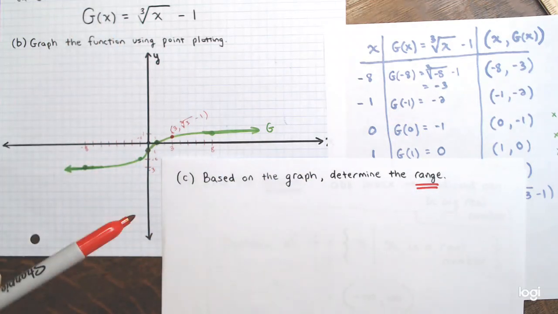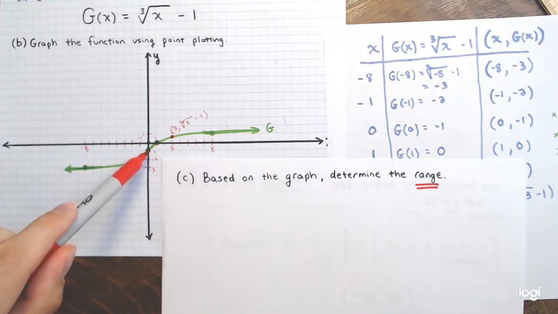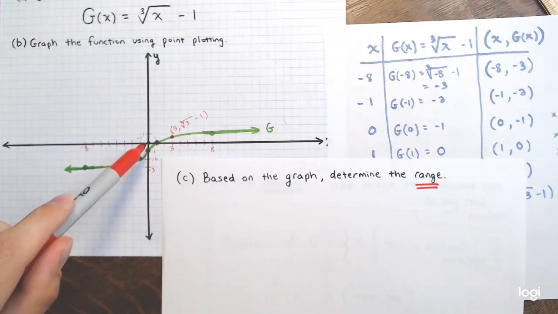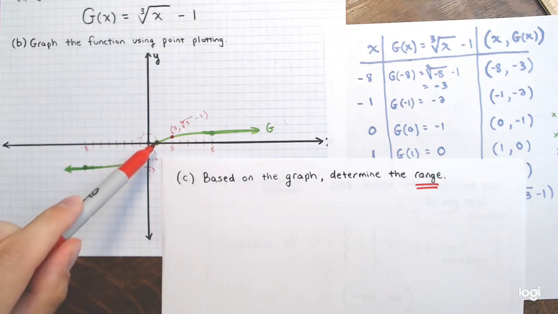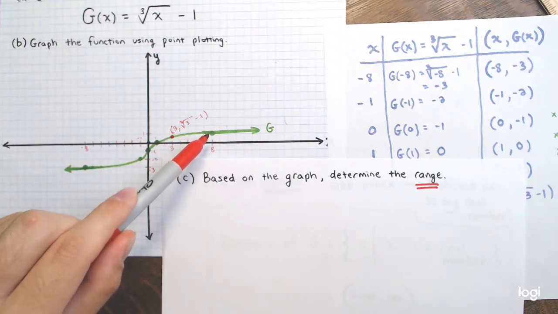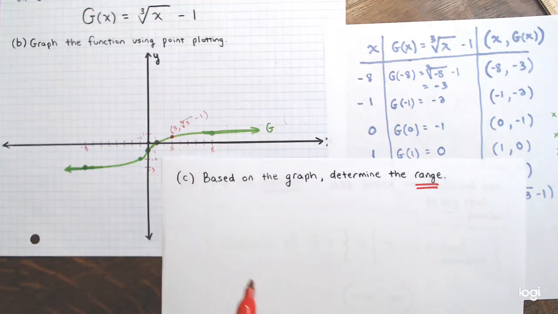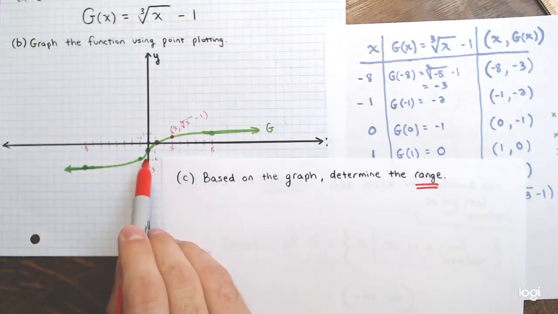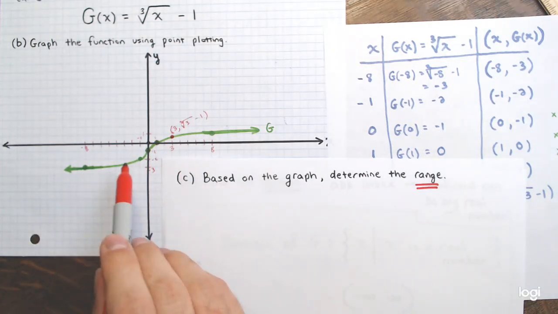And you see that -1 is in the range, right? The y-coordinate of -1 is used for this point. 0 is used at that point as a y-coordinate. 1 is used at that point as a y-coordinate. -1 is used, -2 is used, -3 is used.